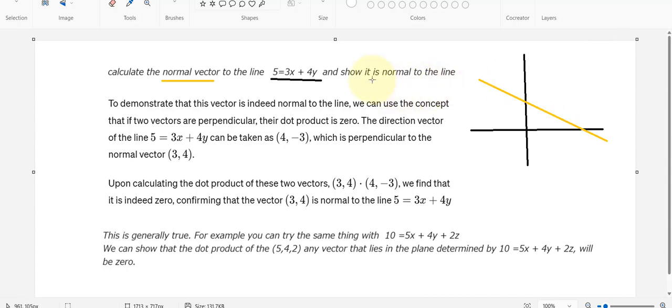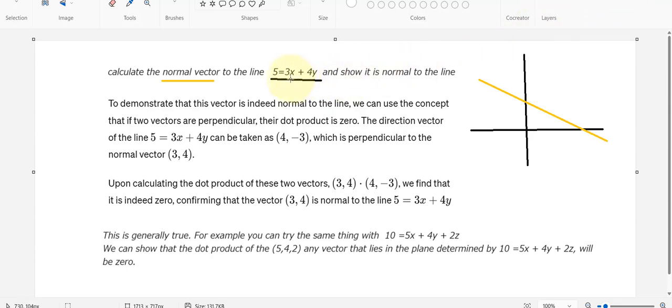One way to do that is to solve this for y, then we get the slope, and then we take 1 over the slope and the negative of that, and that's going to give us the slope of the perpendicular line. That's basically what we're trying to do here, but we want to express it differently. We want to get the normal vector to this line.